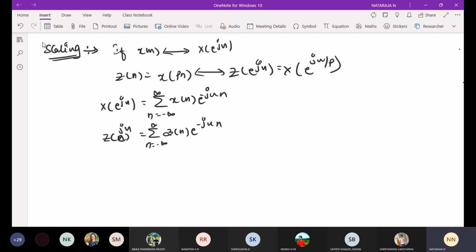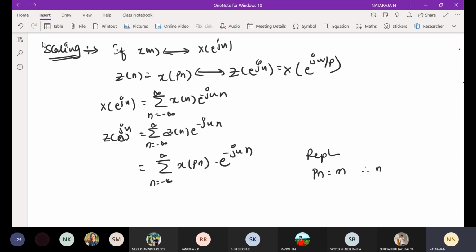The value of z of n will be x of pn. Substitute: summation n equals minus infinity to infinity x of pn into e power minus j omega n. Here I am going to replace pn equal to m.